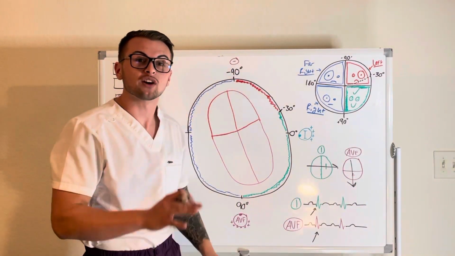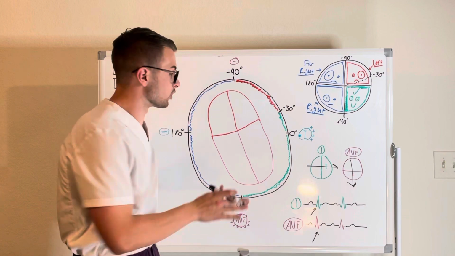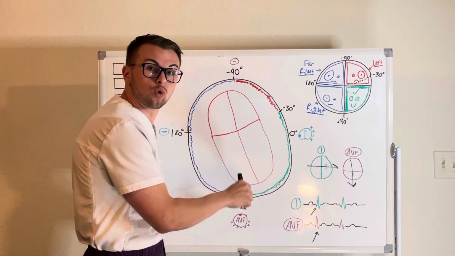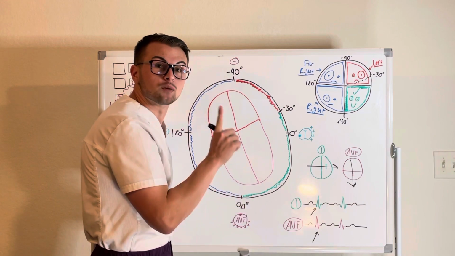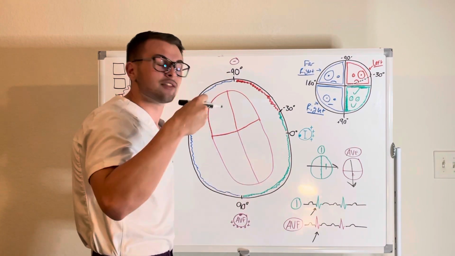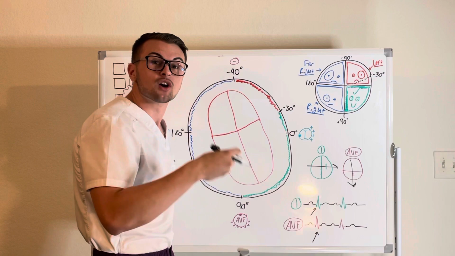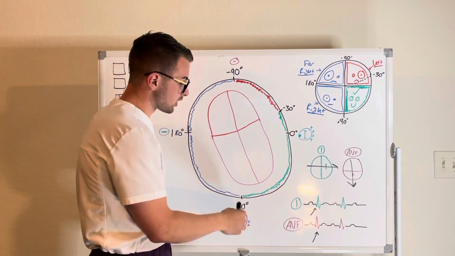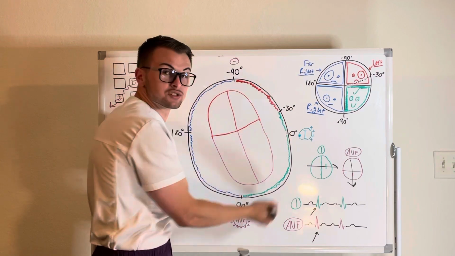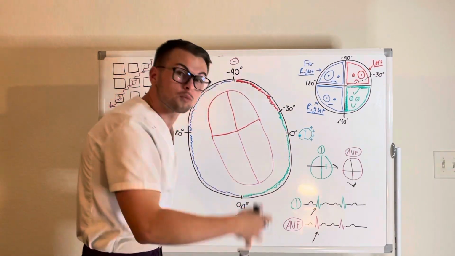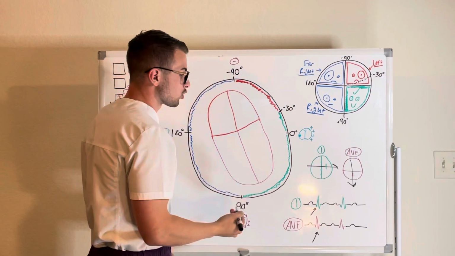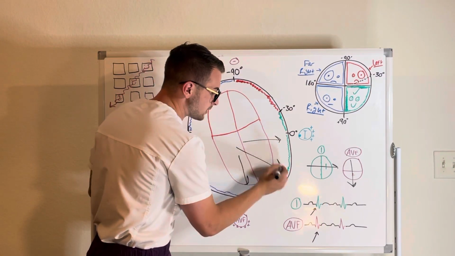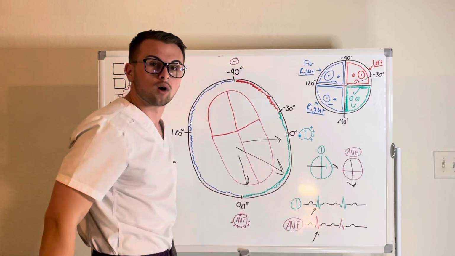If we know that our axis is heading leftward toward lead 1 and downward toward lead AVF, then we must know that the electrical axis of this heart on this EKG must be headed toward the quadrant that is downwards and leftwards, aka the normal quadrant, right? This is the normal quadrant. If we're heading leftward and we're heading downward, then we must be headed toward the normal quadrant.